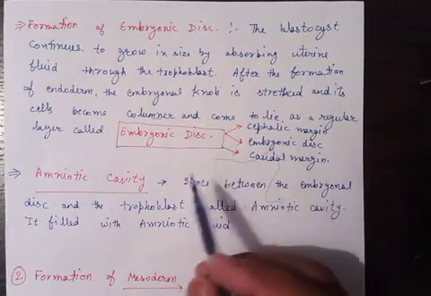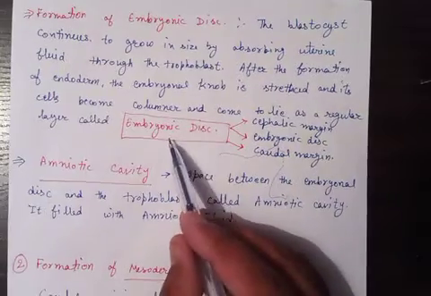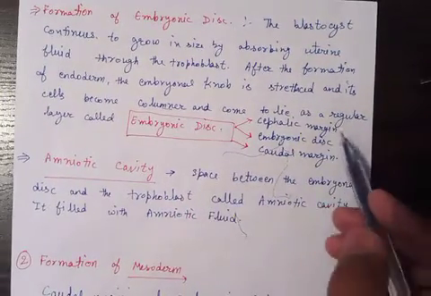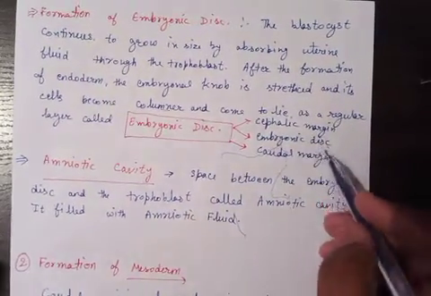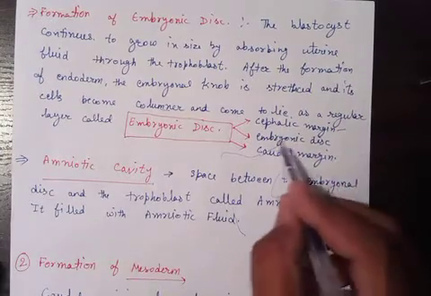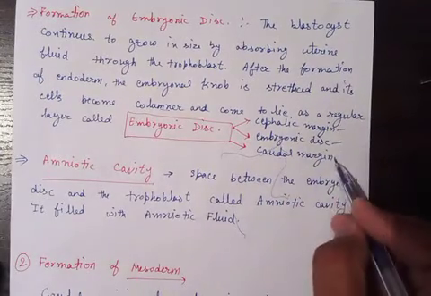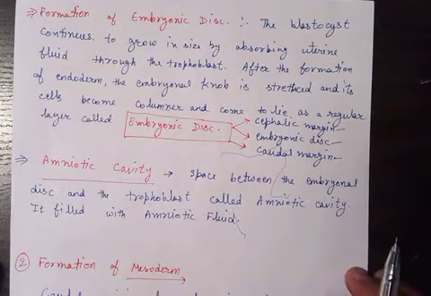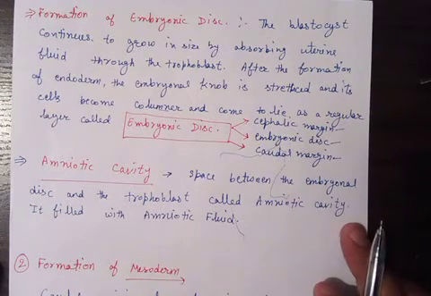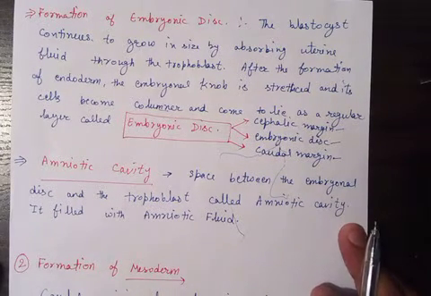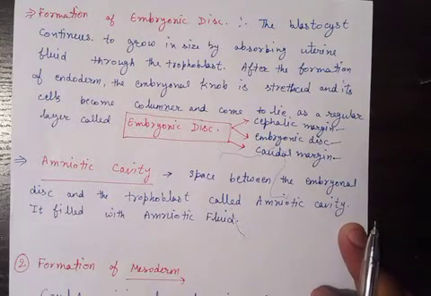The embryonic disc has three parts: cephalic margin, embryonic disc, and the caudal margin. The caudal margin further gives rise to the mesoderm.